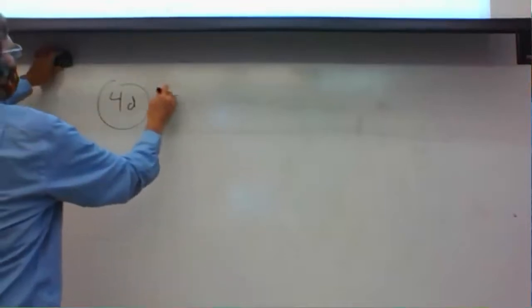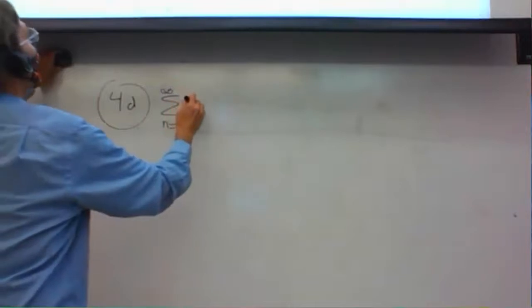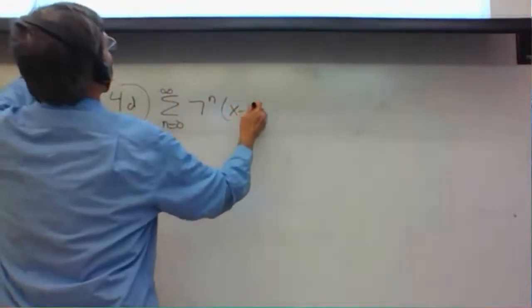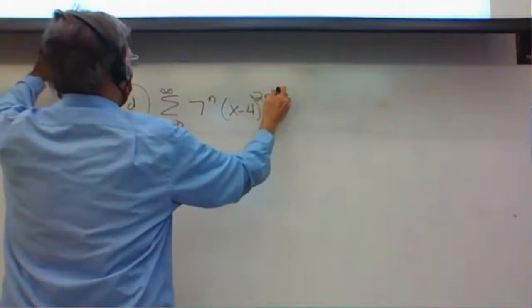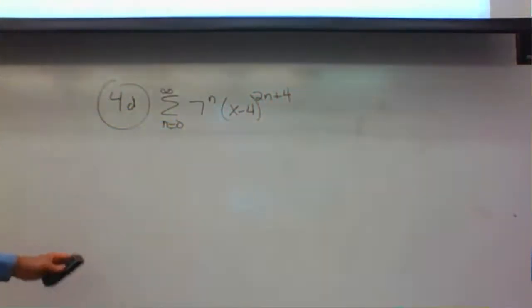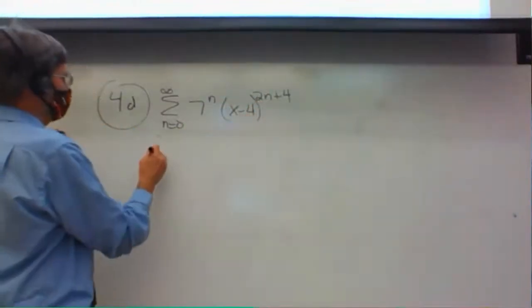4B, 4D, okay. Suppose I gave you this one, sum n equals 0 to infinity of 7 to the n, x minus 4 to the 2n plus 4. How about that one? What's the interval and radius of convergence for that one? Again, because I see these powers, I'm going to try doing the ratio test.